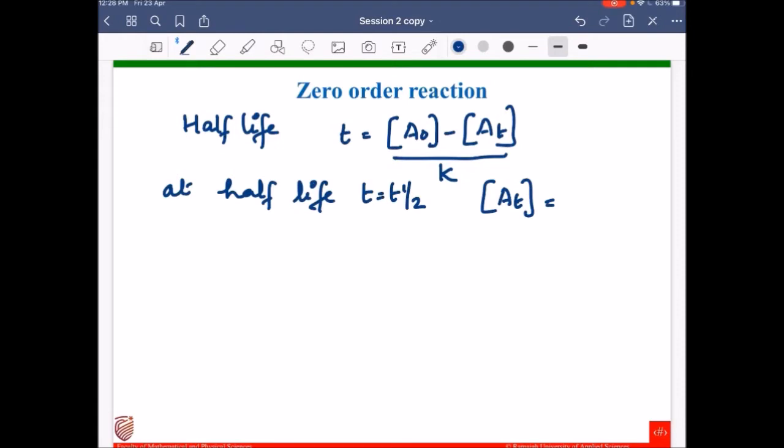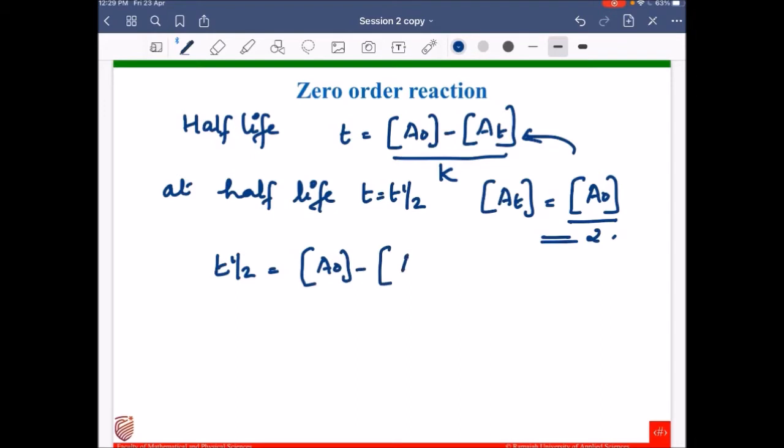At half-life, concentration will become half of the initial concentration. So substituting the values in this equation, you will get an equation for half-life: t half equal to A0 minus At, we can write it as A0 by 2, divided by K.